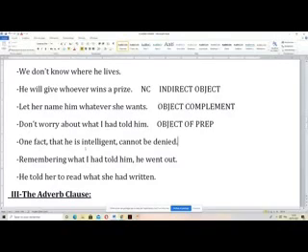So "what she had written" here is a noun clause, an object of the infinitive. To read what? To read what she had written.